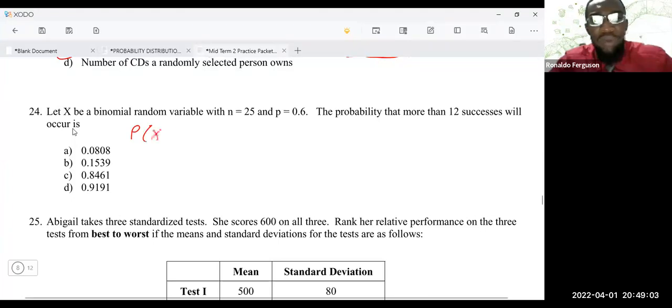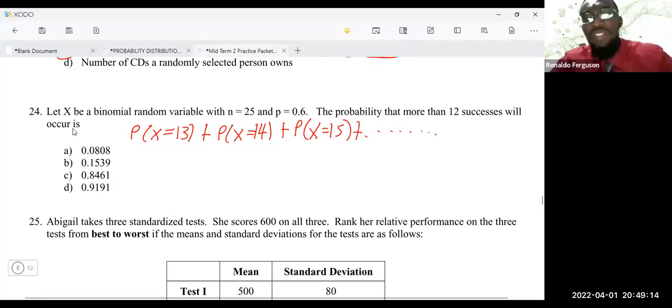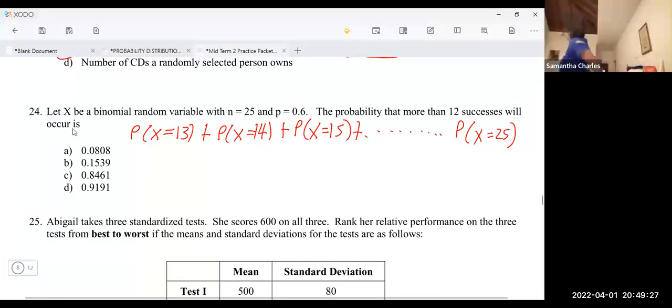You'd find the probability X equals 13 plus the probability X equals 14 plus X equals 15, all the way up to the probability of X equals 25. I'm not going to sit down and write out all of that, but you should do it for good practice, all right? Oh, one second.